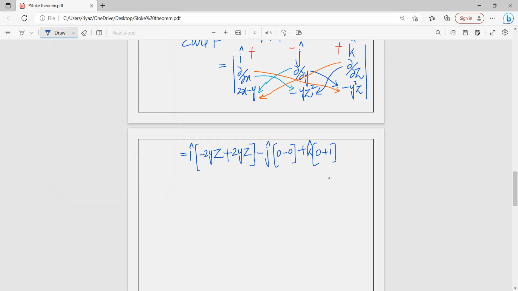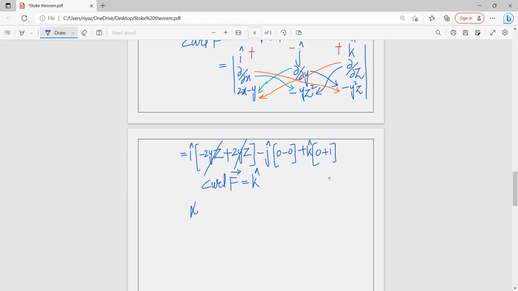Now finally, the 2x becomes 0, with respect to y, there is minus plus sign in between, so this will be cancelling, 0. So finally the value of curl f we got is simply k cap. Understood? And we do not take n cap equal to k cap directly.